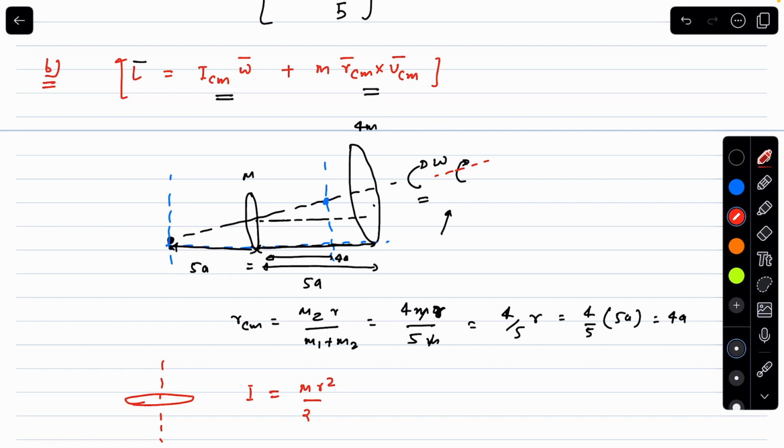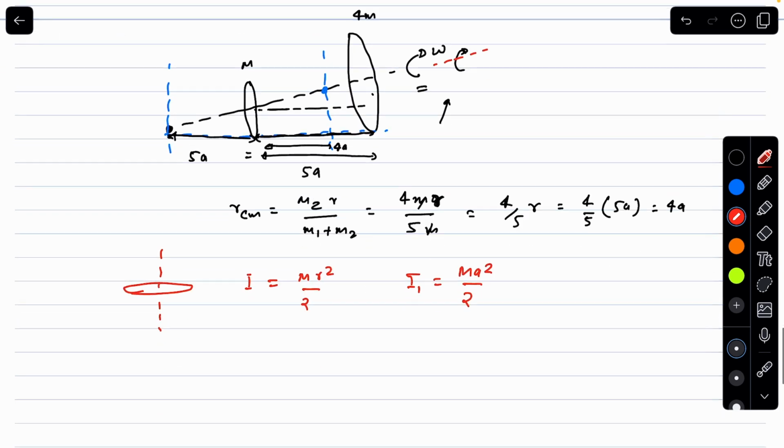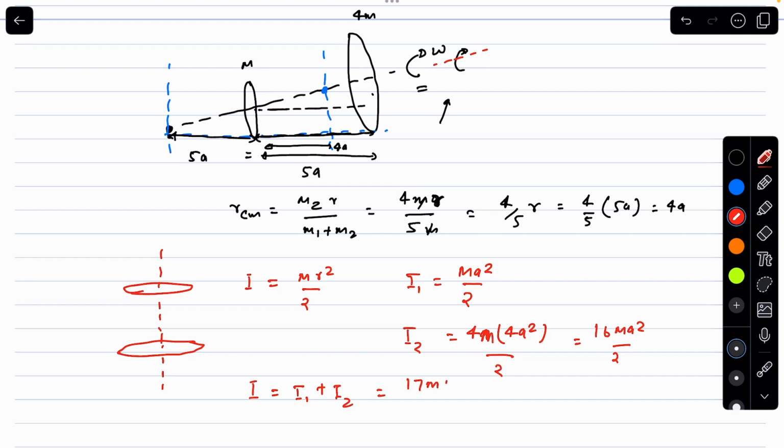For the first one, I1 becomes m a square divided by 2. For the second one, I2 becomes 4m multiplied by 4a square divided by 2, which is 16 m a square divided by 2. Both discs rotate together, so the total moment of inertia of the system is I1 plus I2, which becomes 17 m a square divided by 2.